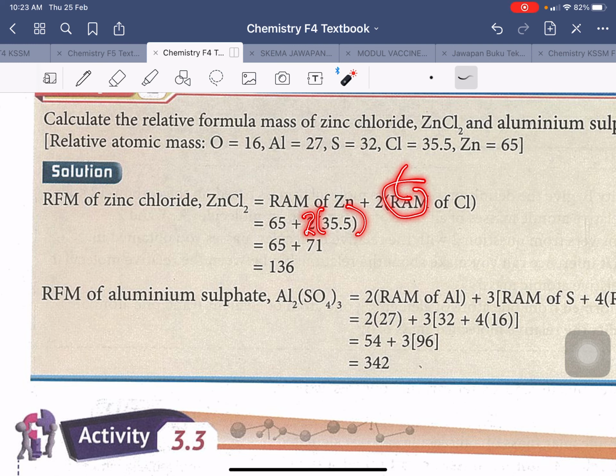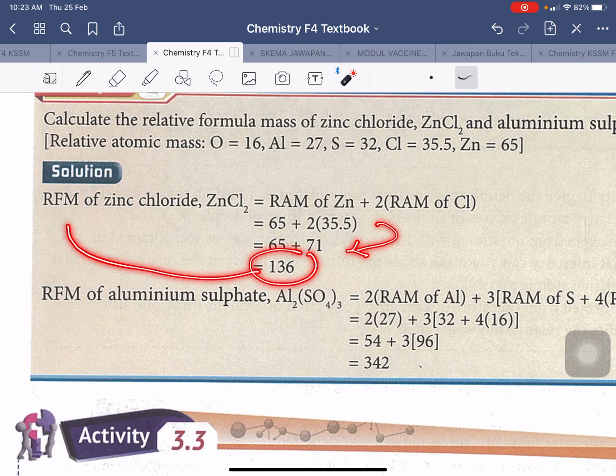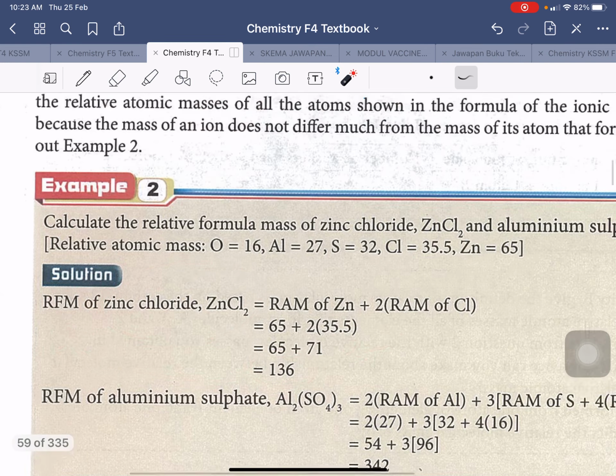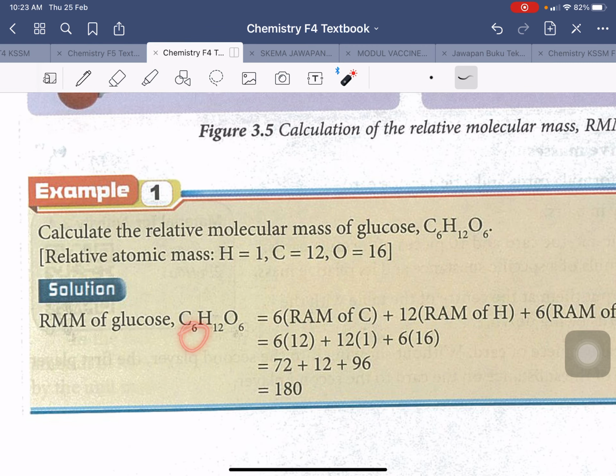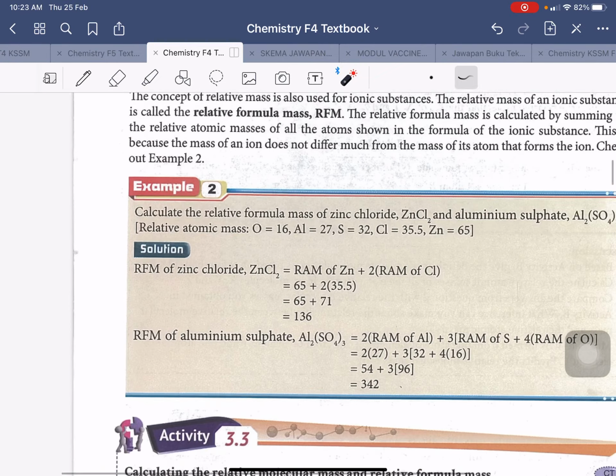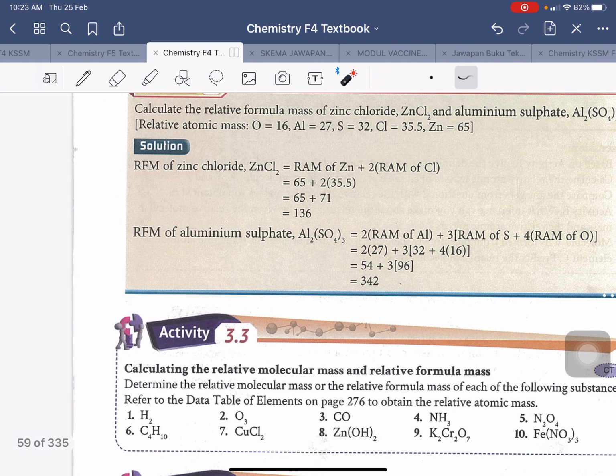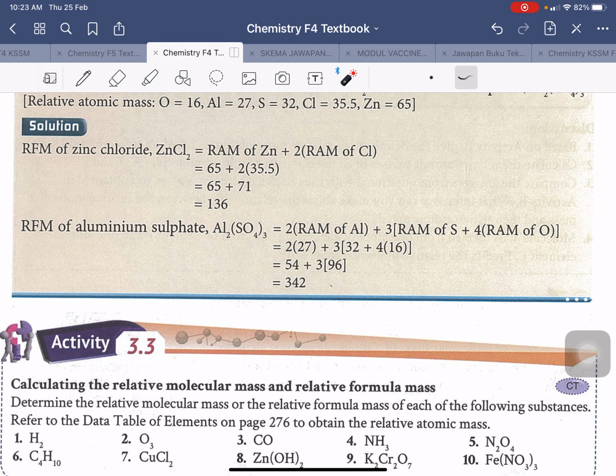From where we get the RAM? From buku teks muka surat 276 class. Okay? So you add up, you sum up. So this is the RFM of zinc chloride. Bukan sama kah cara dia dengan RMM? Sama saja ba, you just need to determine berapa dia punya RAM.